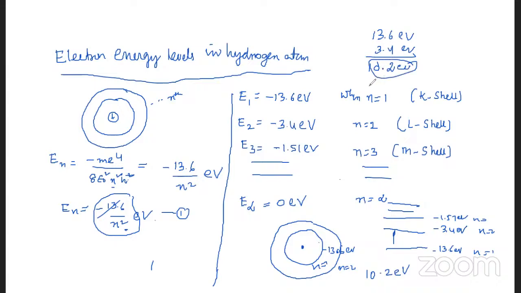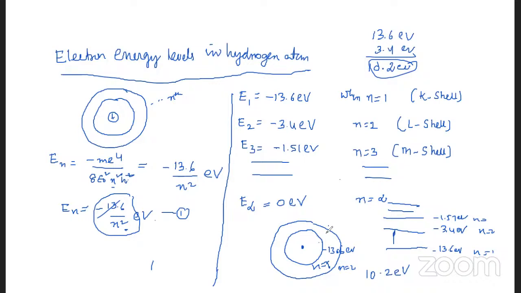That means if the electron absorbs 10.2 electron volts of energy, the electron is going to be excited from n equals 1 to n equals 2. This is the n equals 1 state, and this is n equals 2.